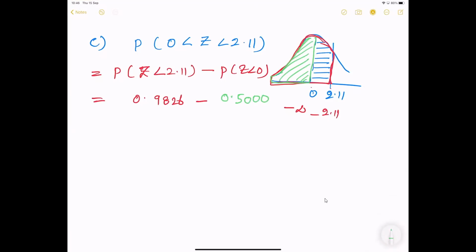Therefore, the total red area is 0.9826 and this area is 0.5. If we subtract these two values, we get the green probability as 0.4826.